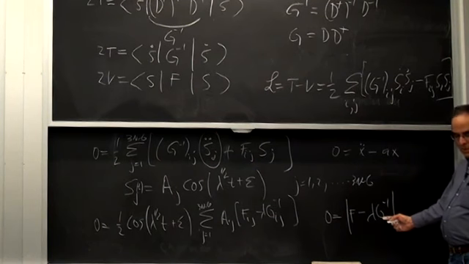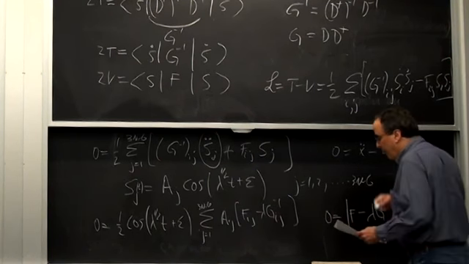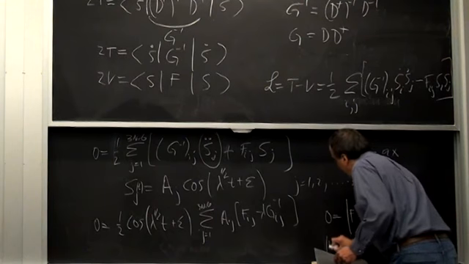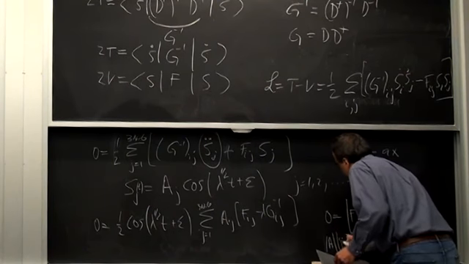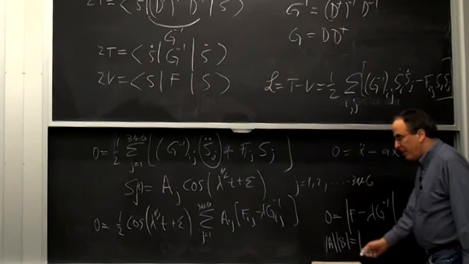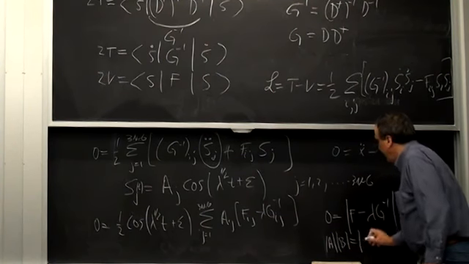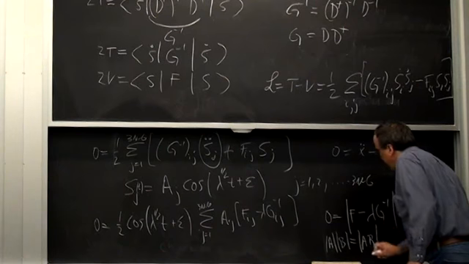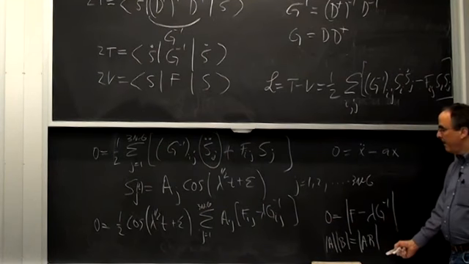But we do another trick. We know that if you have the product of two matrices, the determinant of the product is equal to the product of the determinants.